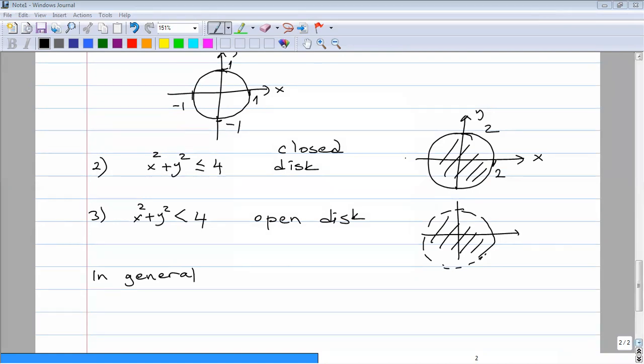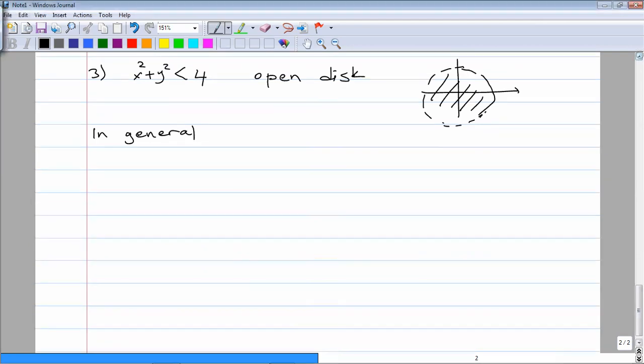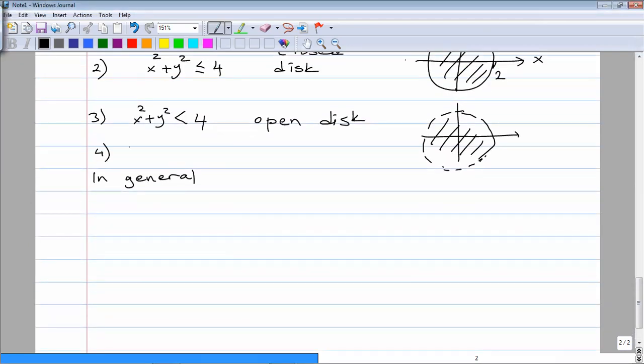It would be impossible to display. x squared plus y squared equal to 0 is just one point, only (0, 0).